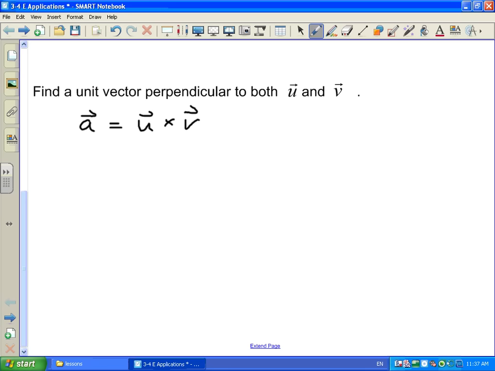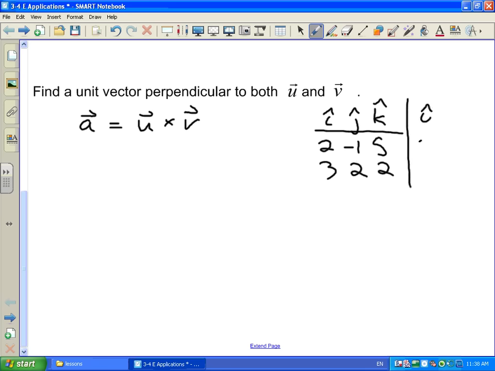So we set this up, i, j, k. We want our u and our v here. So 2, -1, 5, and then 3, 2, 2. And then another copy of i, which is 2 and 3. And we can just go ahead and do the cross product here. -3?